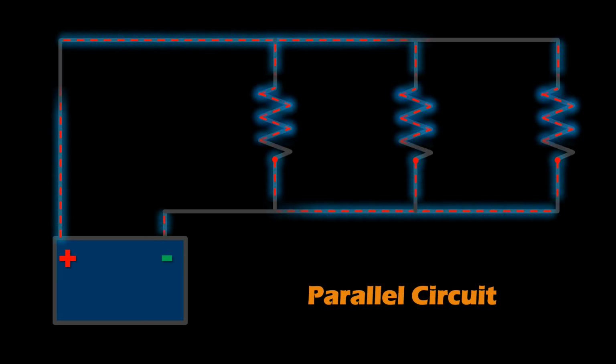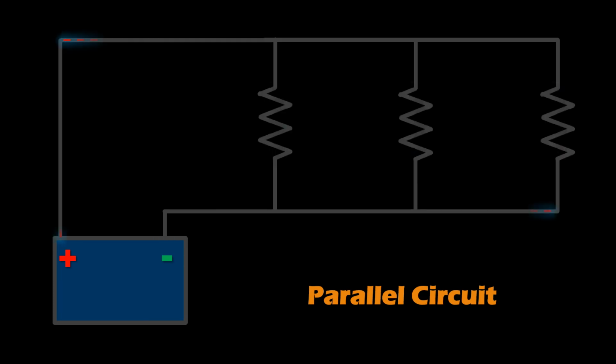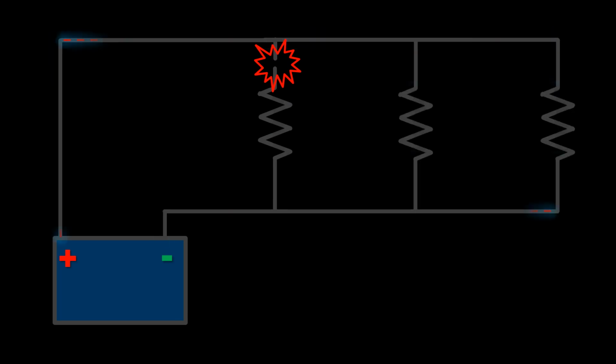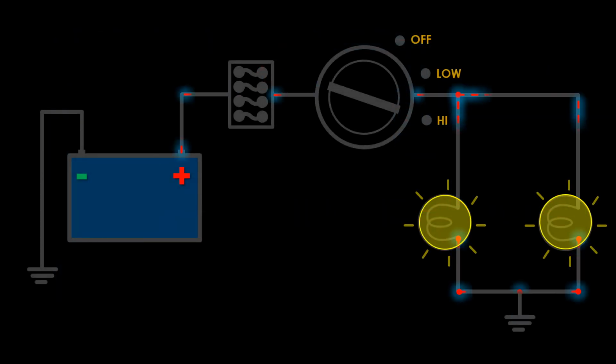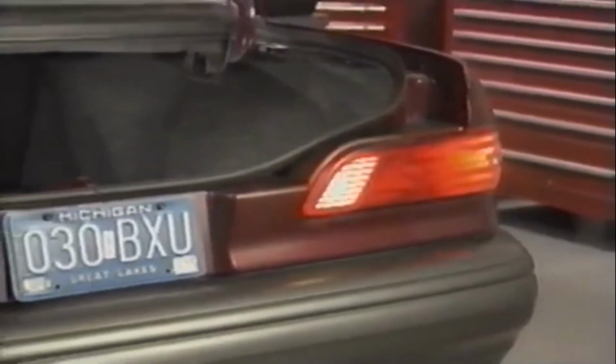In a parallel circuit, each load has a separate path to the source and to the ground, and voltage across each load is the same. Since each load is powered independently, the failure of one load will not adversely affect the others. Certain conditions called opens will cause the current to stop flowing, and other conditions called shorts will cause current to take different paths than the ones they are intended to follow.